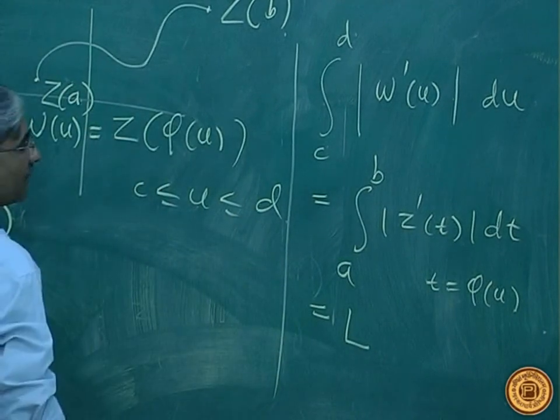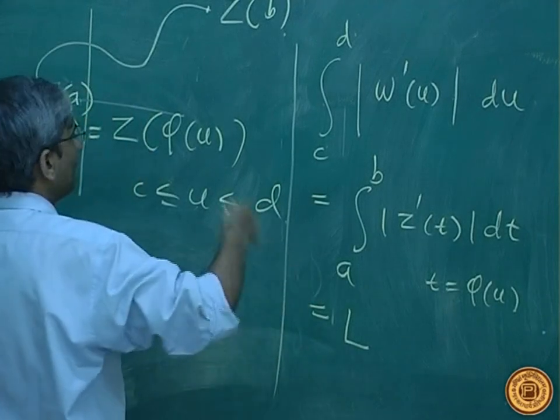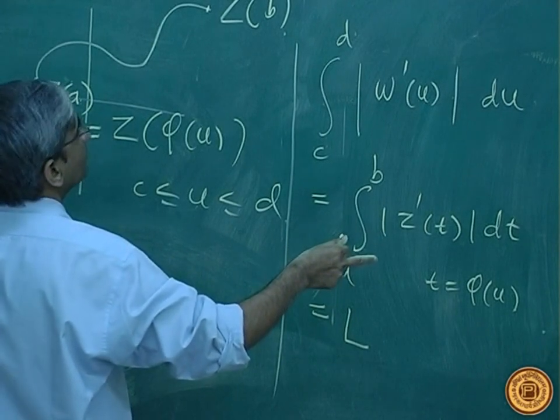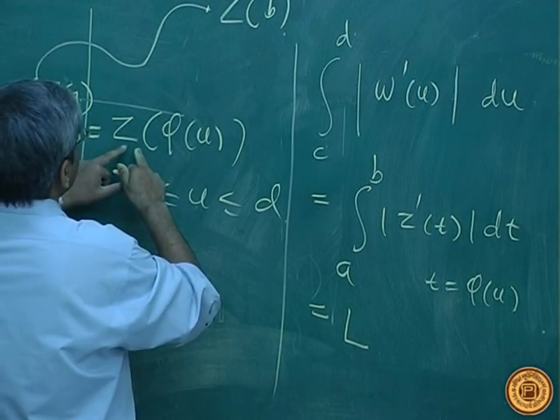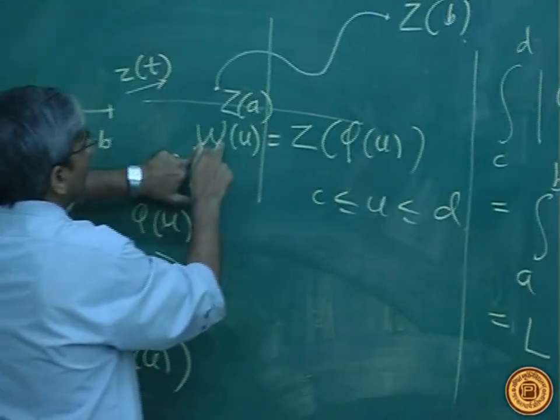What will be z prime of t, and when t is phi u, it is z prime of phi u into phi prime u. But what is z prime of phi u into phi prime of u? It is exactly w prime u.